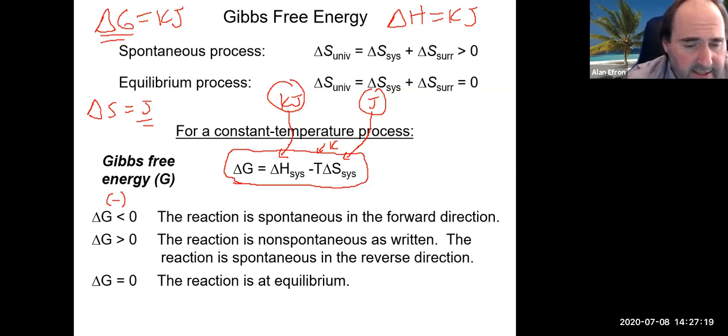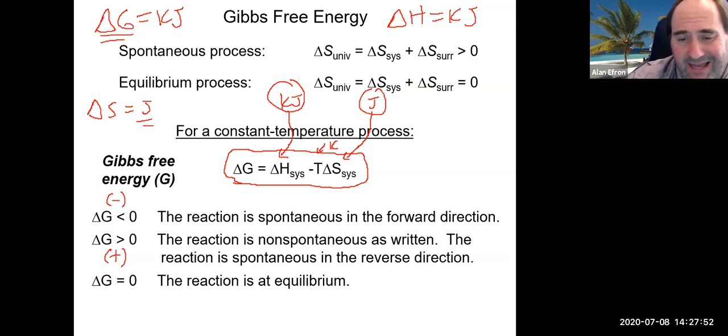If delta G is positive, the reaction is going to be non-spontaneous the way it is written, which means the reaction, the way it's written, will not occur. But if you flip the reaction around, that would make the delta G value go from positive to negative. And that's what the second part of that sentence is basically saying. The reaction is non-spontaneous as it is written, but if you reverse the reaction, it will become spontaneous.